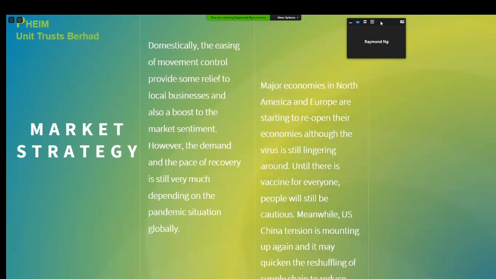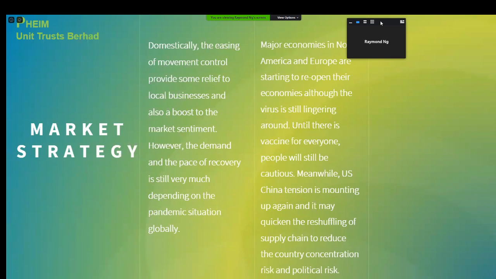So we have some market strategy that we are having currently. Okay, we can see that recently the government has this conditional movement control where businesses can start to run, and it in fact has given a boost to the market sentiment.